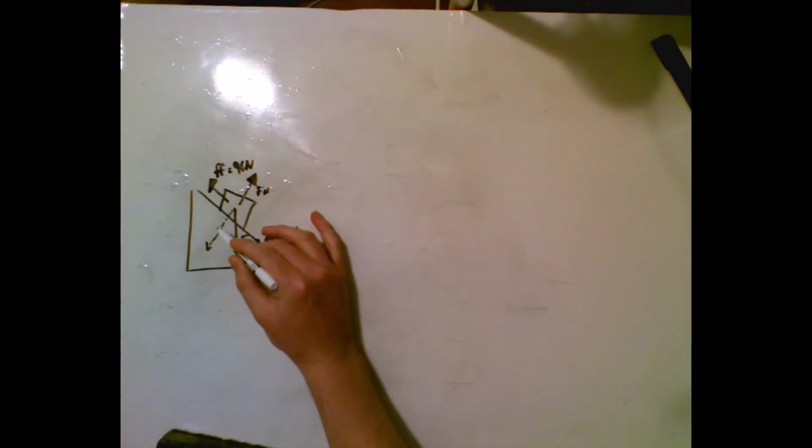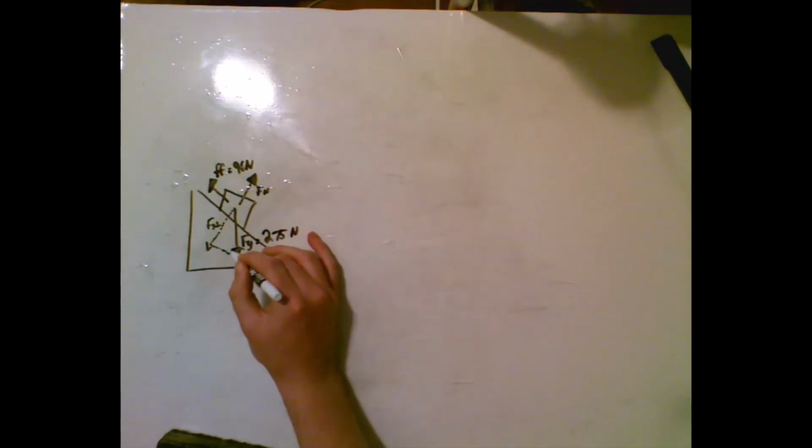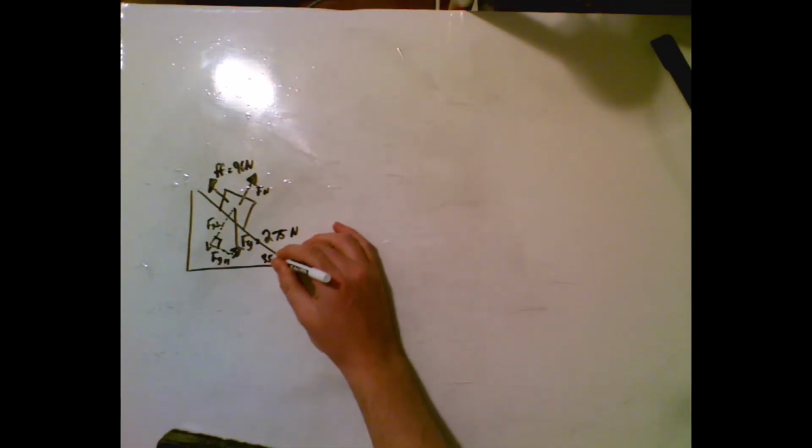We have this component here, which to our surface is perpendicular, so we call that FG perpendicular. And then this is our parallel component, and this is always going to be 90 degrees right here. Let me fill in the 35 degrees as our angle.